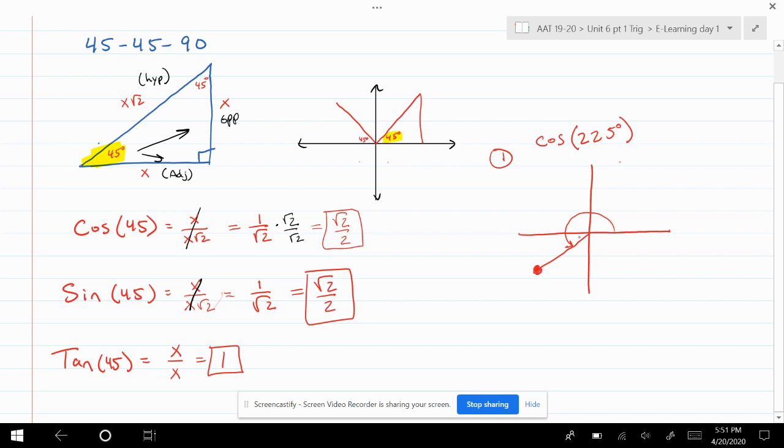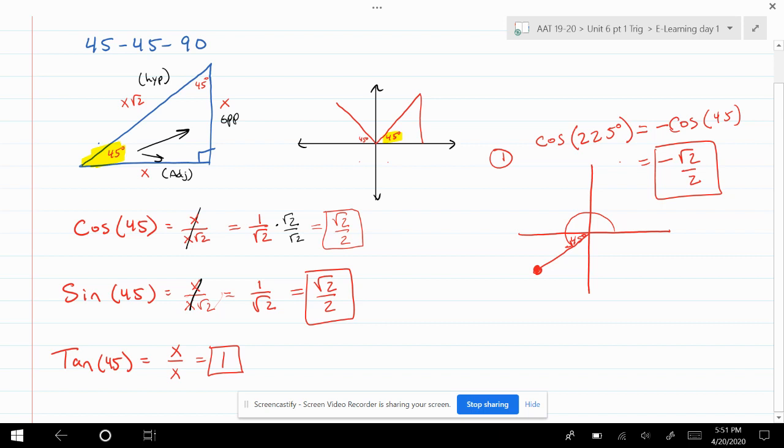And what's that reference angle right in there? Well, that's a 45 degree angle. So we're really looking at the cos of 45, but we know that it's going to be negative. And so then this would be negative root 2 over 2 would be the answer.